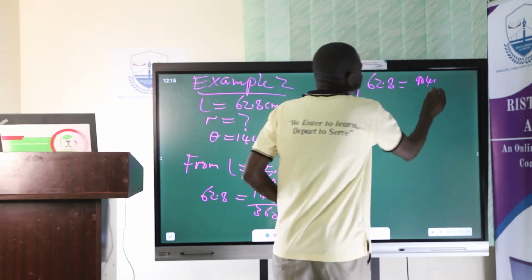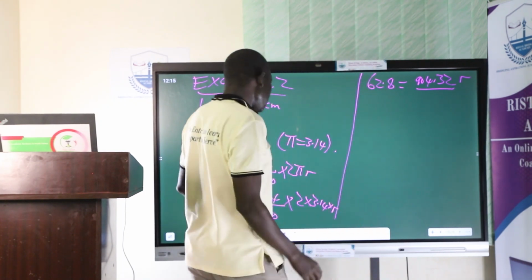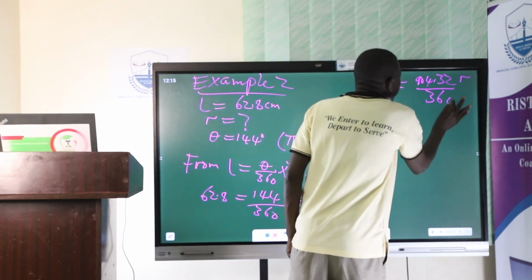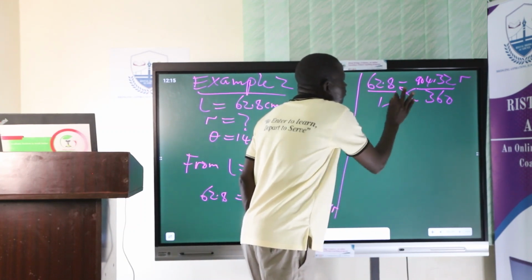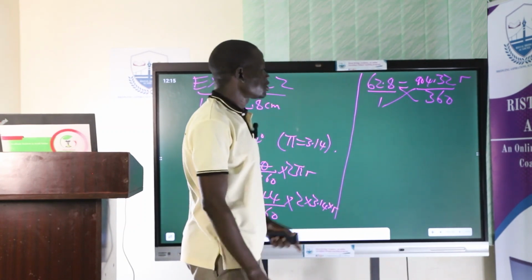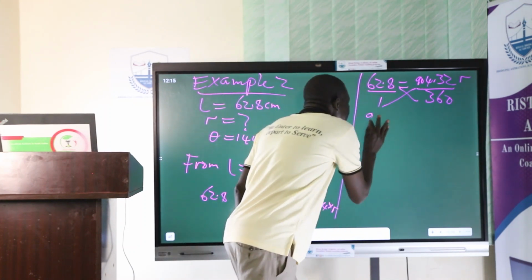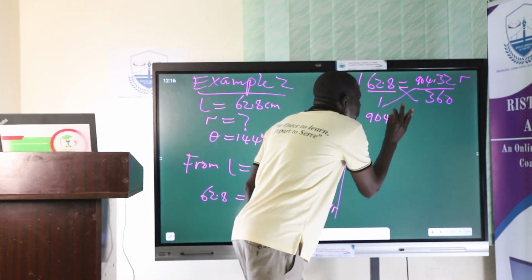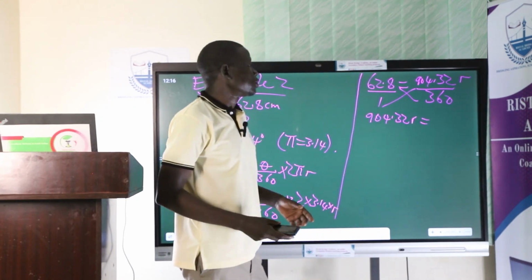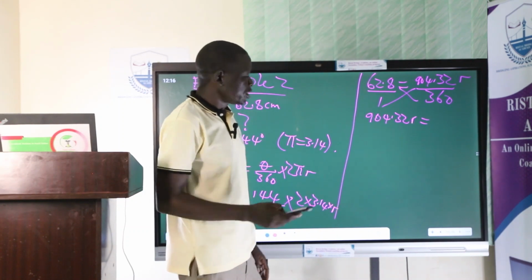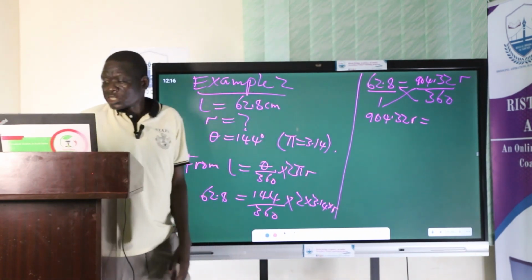So when we cross multiply, we shall find that 1 times 904.32 gives 904.32 r, which is equal to 62.8 times 360.